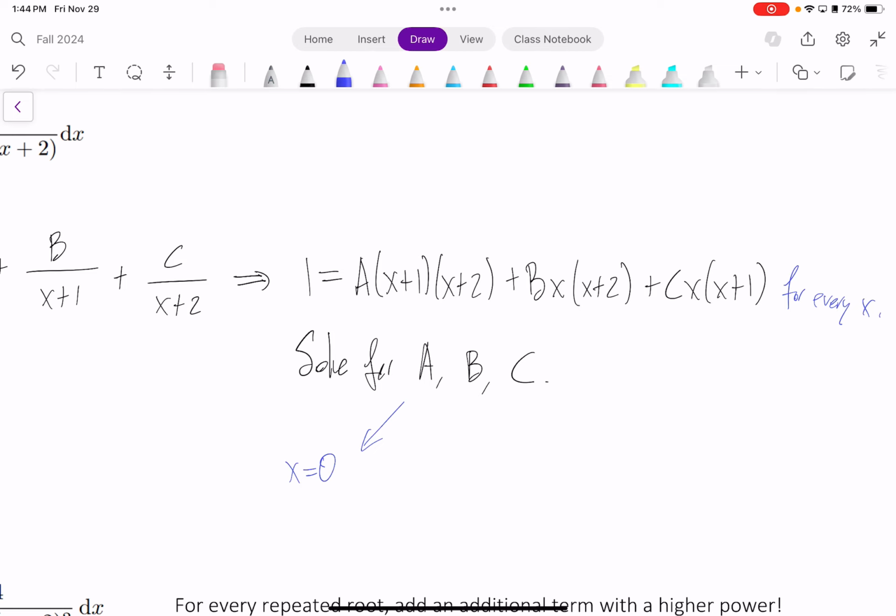If we choose x to be equal to 0, then all of those b and c terms with those x's are going to go away. So we'll have 1 is equal to a times 0 plus 1 times 0 plus 2. So that tells us that a is going to be equal to 1/2.